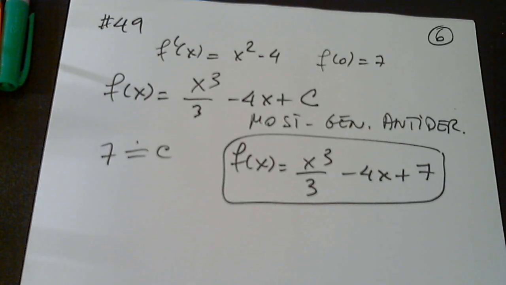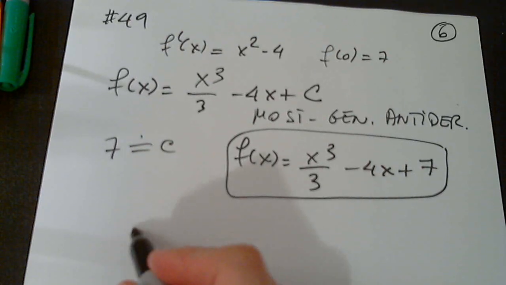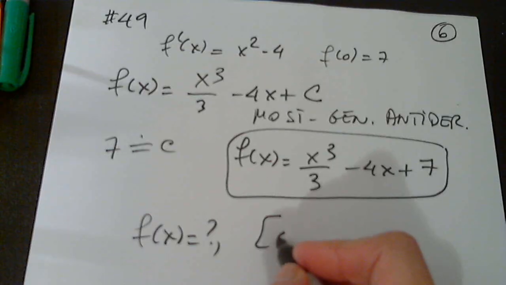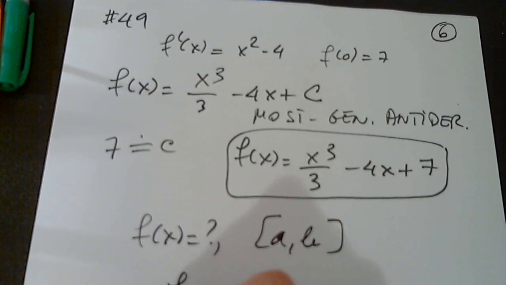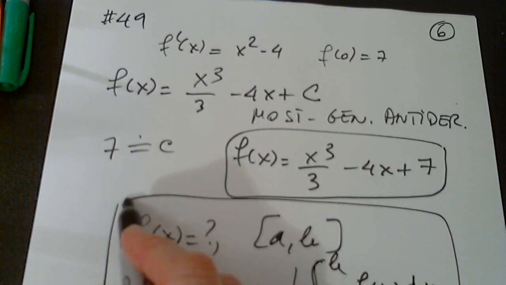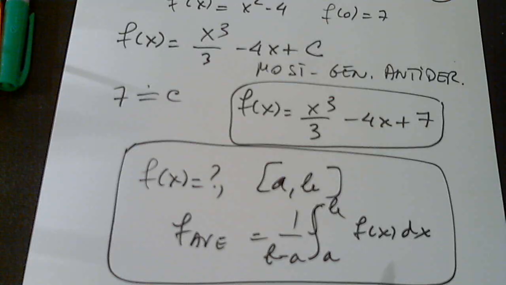So the average value is just a formula. If I have f of x, whatever it is, on the interval a comma b, f average is 1 over b minus a, the integral from a to b of f of x dx. So that's just the formula.